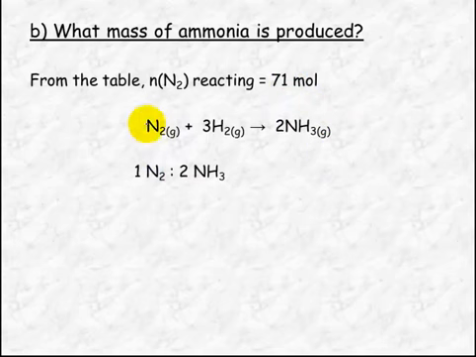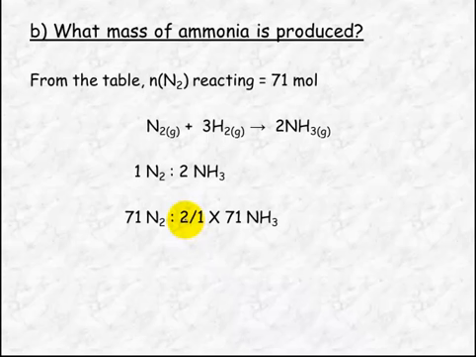So we can see that the mole ratio of nitrogen is 1 to the mole ratio of ammonia, which is 2. So it's a 1 to 2 ratio. So 71 mole of nitrogen will make 2 divided by 1, which is the mole ratio. Remember, unknown divided by known, times 71. So the number of mole of ammonia equals 142 mole.